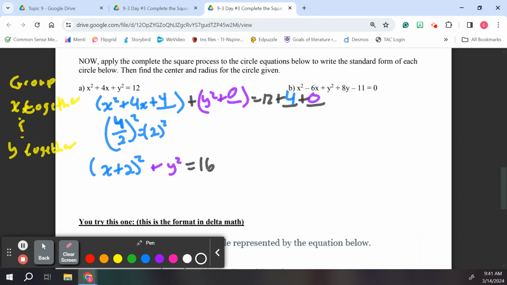Since that is the case, I can find my center. My center is going to be negative 2, 0. And my radius is going to be 4.